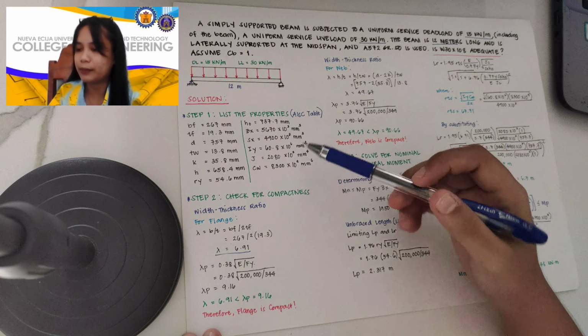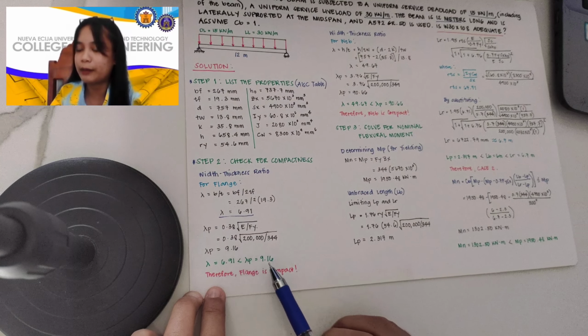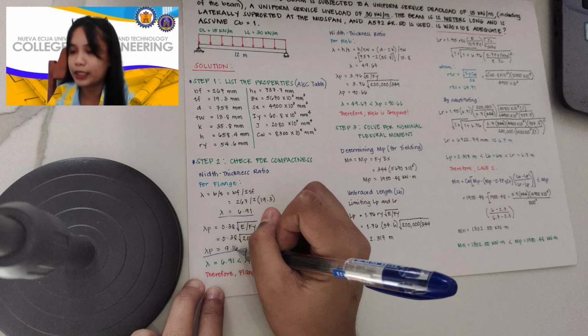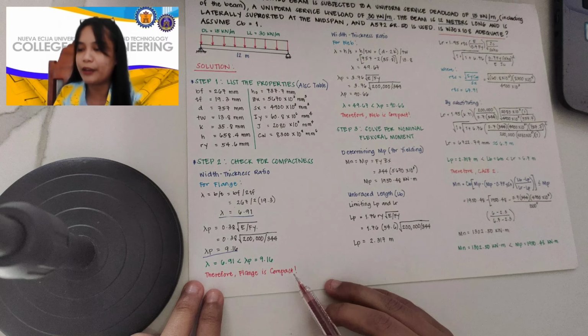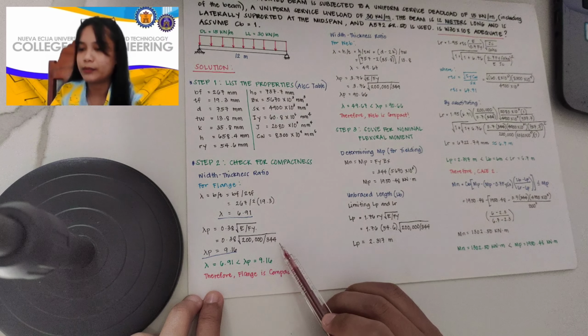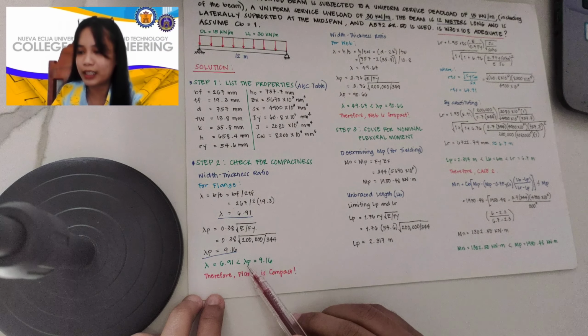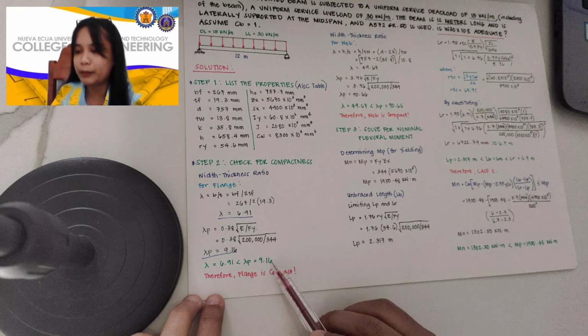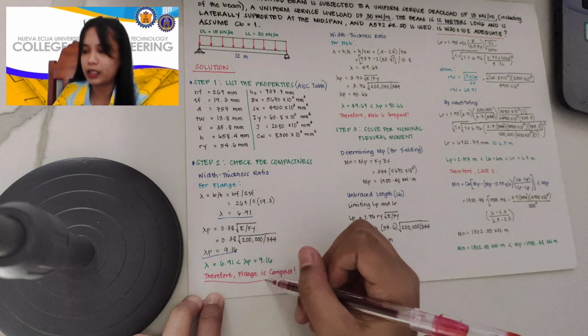So by substituting, we will be having the lambda P of 9.16. So since ang ating steel is grade 50 steel, ang ginamit nating Fy is 344. Since lambda is equal to 6.91 is less than lambda P is equal to 9.16, therefore the flange is compact.